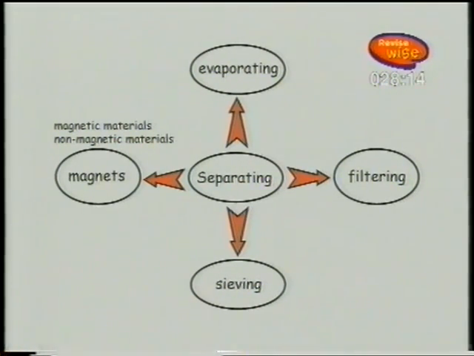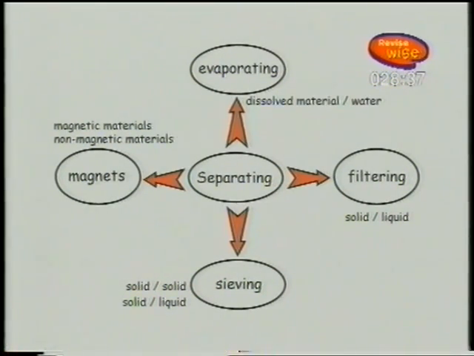We use sieving to separate two solids of different sizes or to separate solids that don't dissolve from liquids. But remember, the solid bits have to be bigger than the holes of the sieve. When the solid bits are very small, we use filtering to separate them from a liquid. We use evaporating to separate a substance that has been dissolved in water from the water.